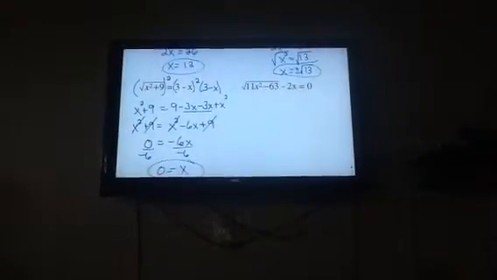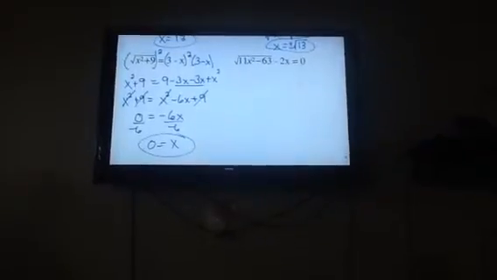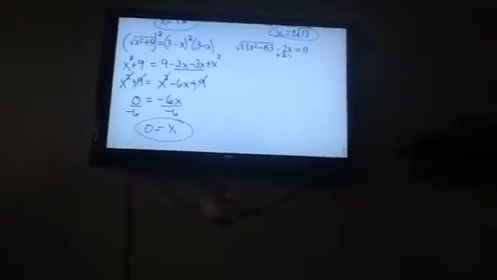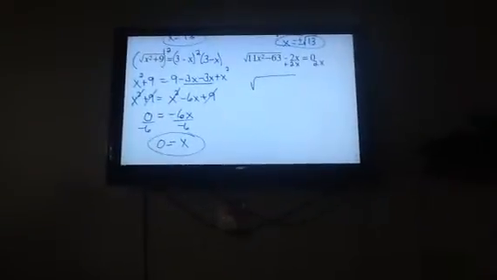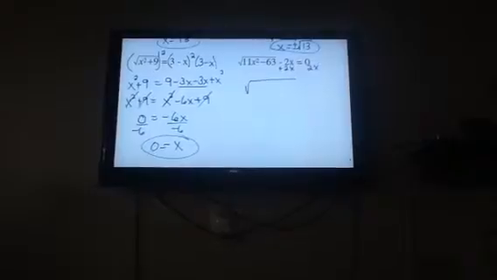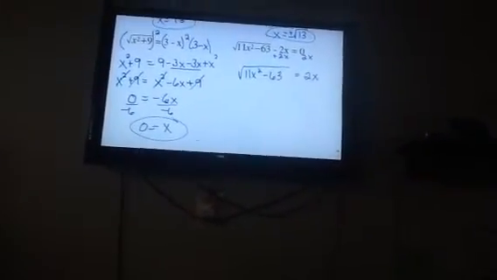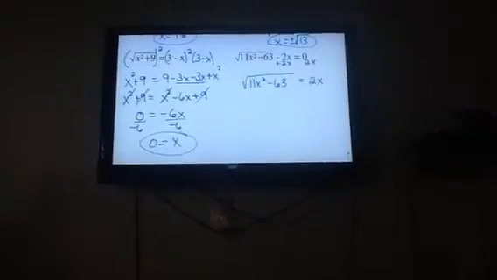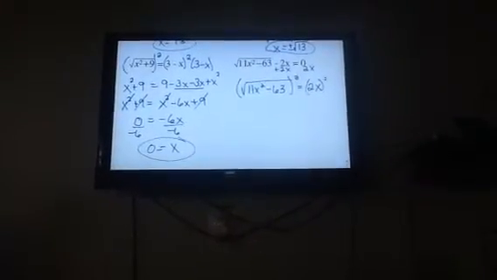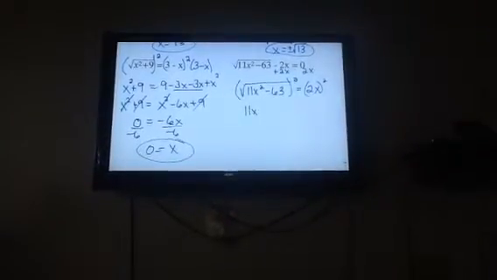Okay, and on my last example, I think that's my last one, yeah. Isolate that radical, so add that 2x first. Square both sides. So the square root squared gives you what's underneath.